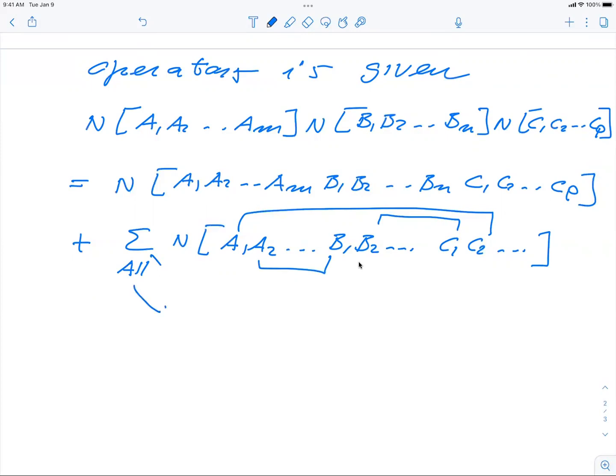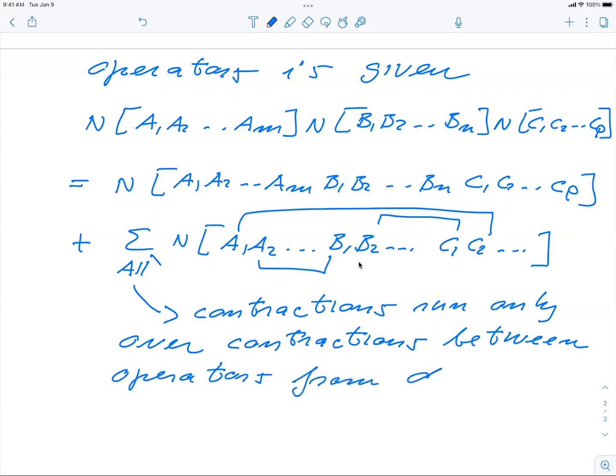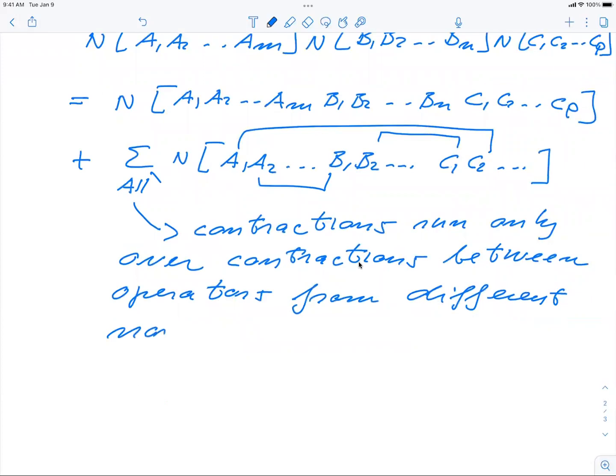So this all prime means that the contractions run only over contractions between operators from different chains and normal ordered products.